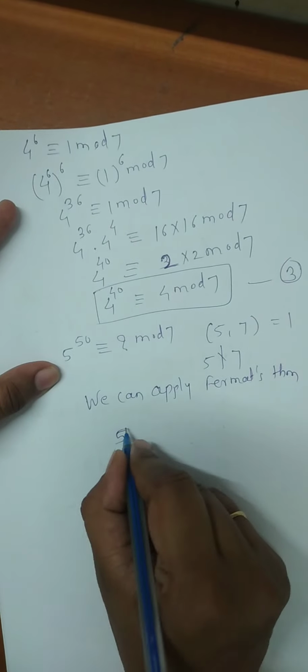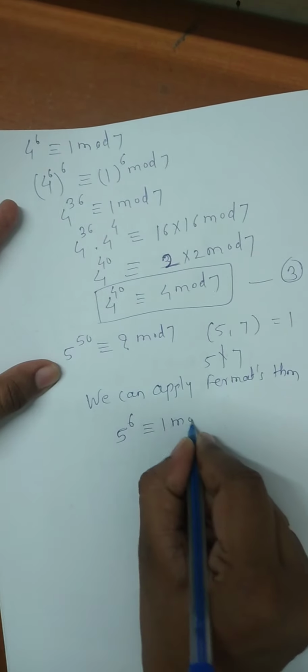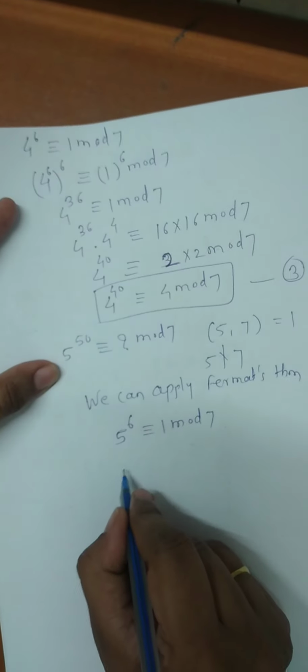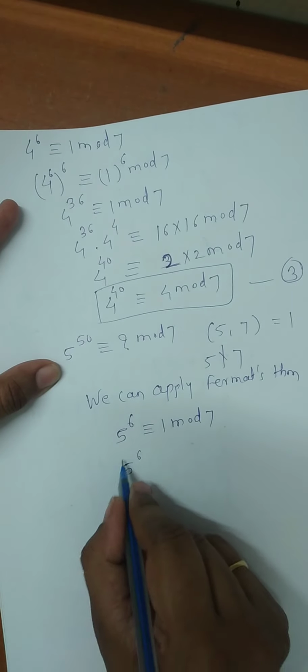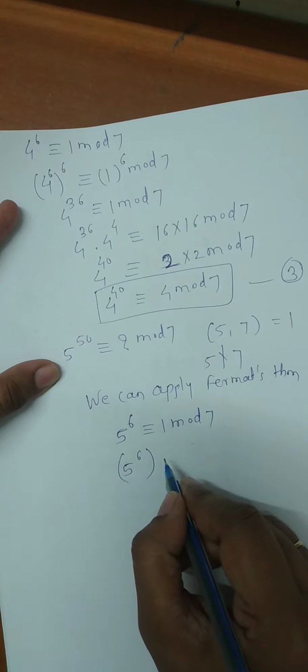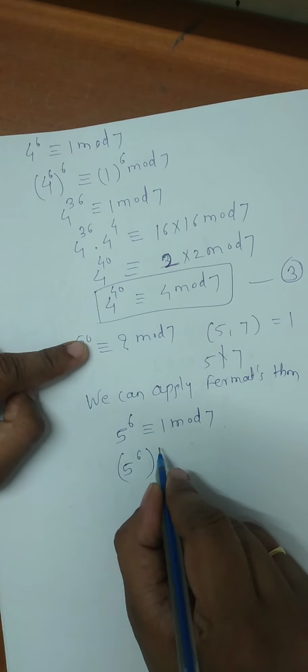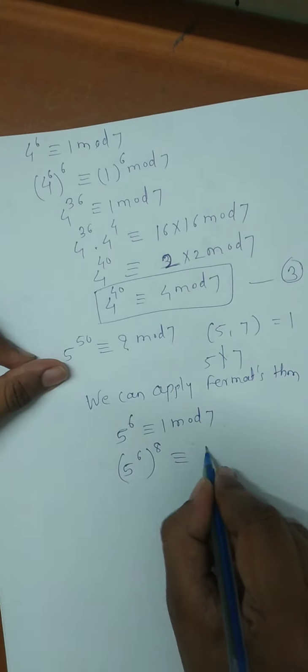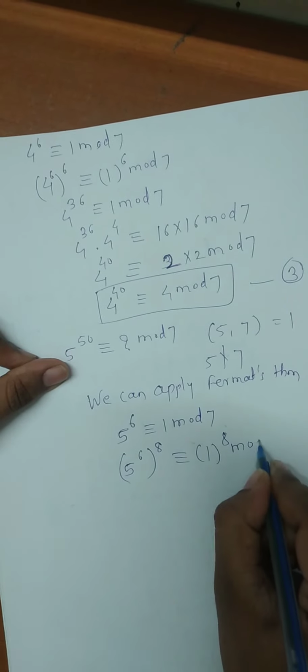So 5 to the power 6 is congruent to 1 mod 7 by Fermat's theorem. So 5 to the power 6 times which number is closest to 50? So take 8, which is congruent to 1 to the power 8 mod 7.